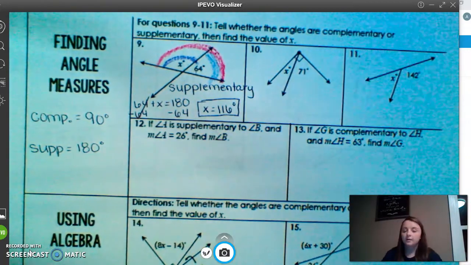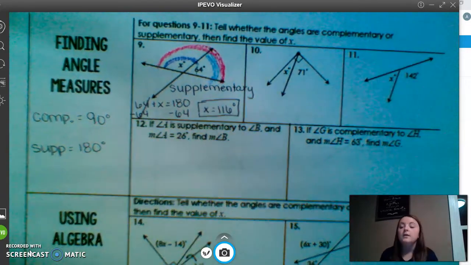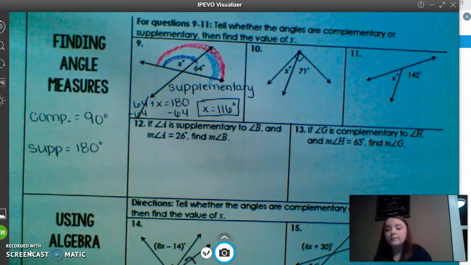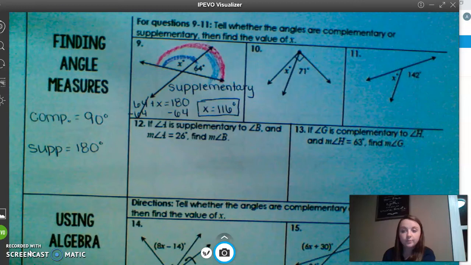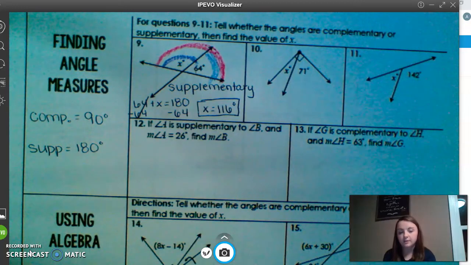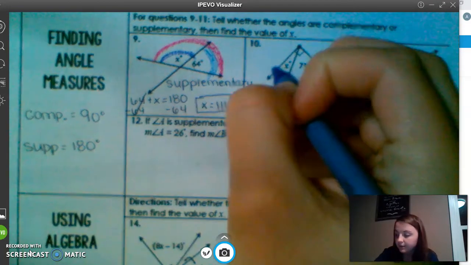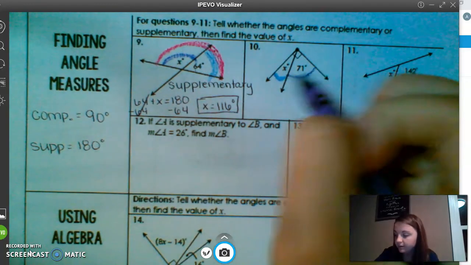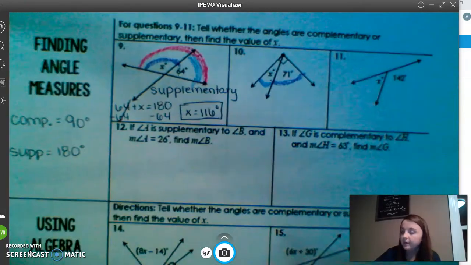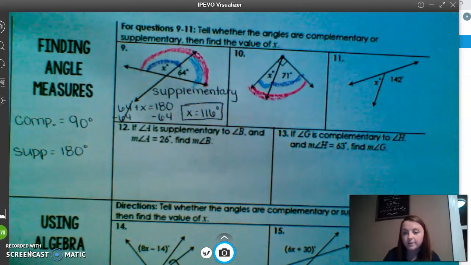Now I'm sure at home you could go, okay, I know 180 minus 64 is x. Going down the page though, we have harder equations. So I'm trying to show you that here so you can do the harder ones in just a second. So question 10, I know x right here, and then I know this angle is 71. So together, what type of angle do they make?